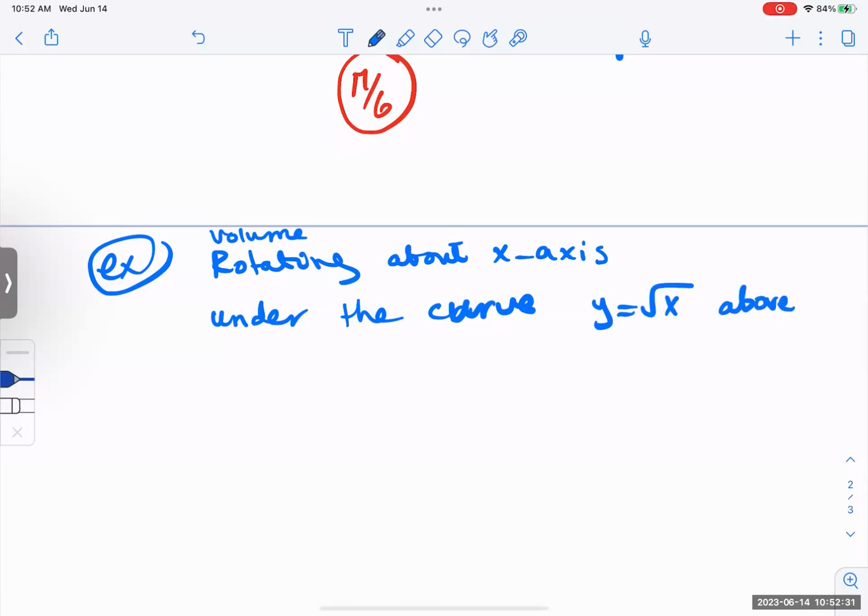Again, we are confirming that it's a bounded area that I'm rotating. Otherwise, the volume would be infinite, so you're not able to calculate it. So basically, that would be from 0 to 1.